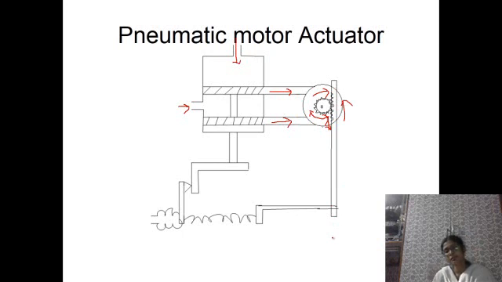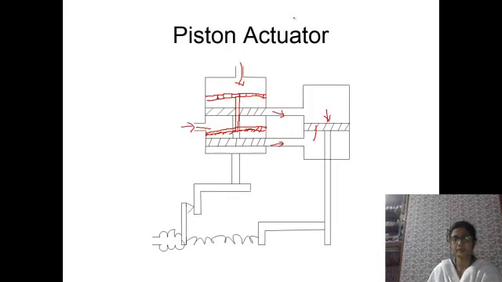That means not in a single chance, but in a number of chances the valve will be positioned at the desired position. That is the purpose of this positioner, and this is the functioning of the pneumatic motor actuator. There are different types of hydraulic actuator, which is exactly like this piston actuator.